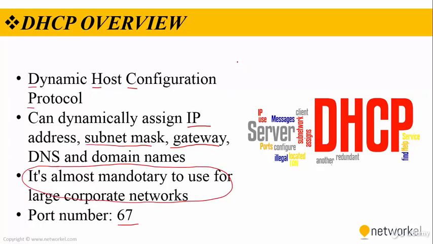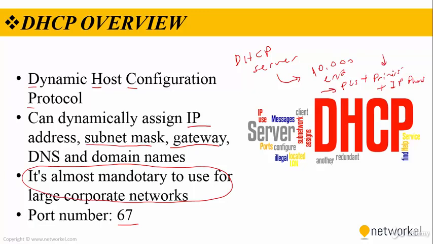Because if you don't use a DHCP server, and you have, like, 10,000 end devices, for example, PCs, plus printers, plus IP phones, you need to go to all end devices and define IP address, subnet mask, default gateway, and DNS or domain names as well. And that's almost impossible, as you know.